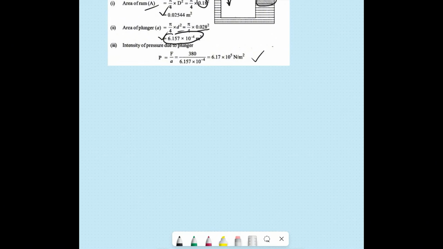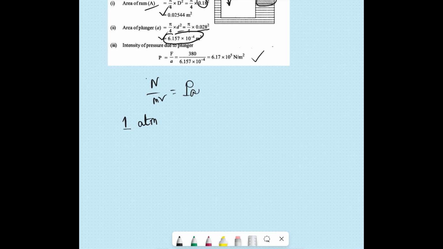We already know the unit of pressure is Newton per meter square. Newton per meter square is equal to 1 Pascal, right? So this is the unit of pressure, but sometimes we could find the unit of pressure is 1 atm, meaning atmospheric pressure.